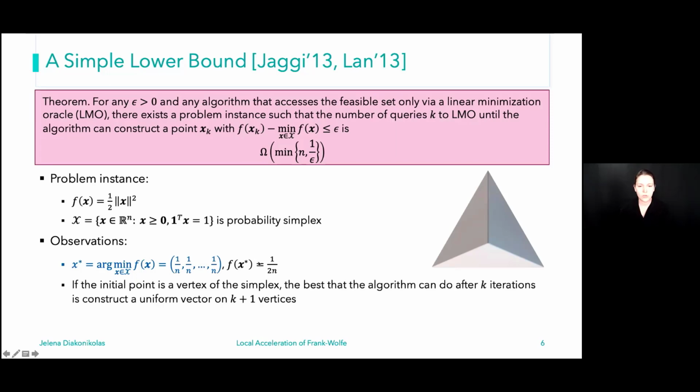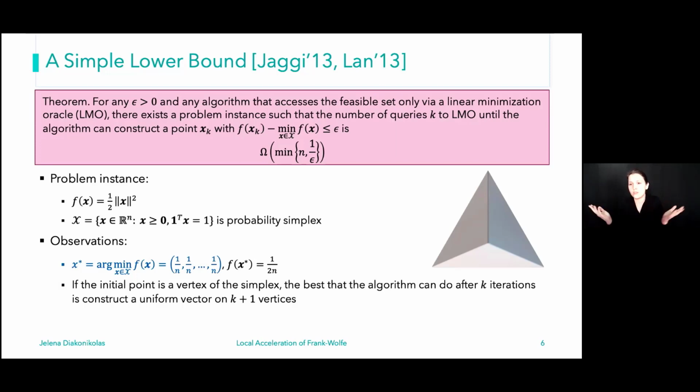But now let's say you start from a vertex of this polytope. The only thing you learn in each iteration when you run a linear minimization oracle, at best, is another vertex. So after k iterations, you have uncovered k vertices plus the one you started with. So you have k plus 1 vertices.